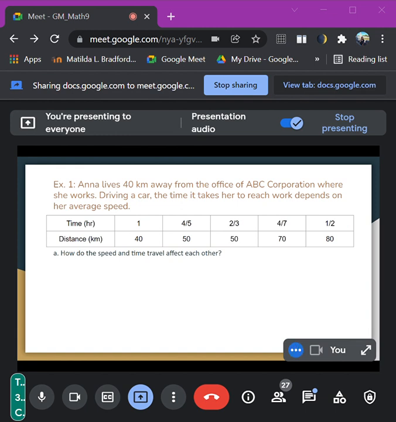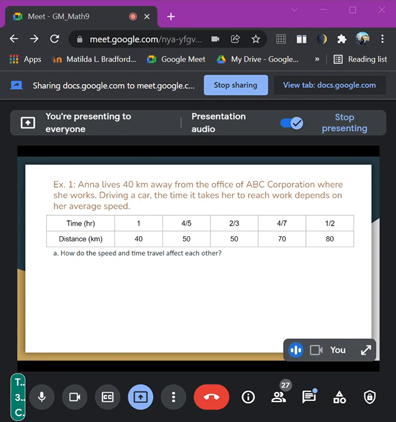So, by just merely looking at our table, what can we infer? Sige daw. Sa man itong masay ani niya. Sa itong ma-judge. How do the speed, how do the kilometers and time travel affect each other? Anyone?